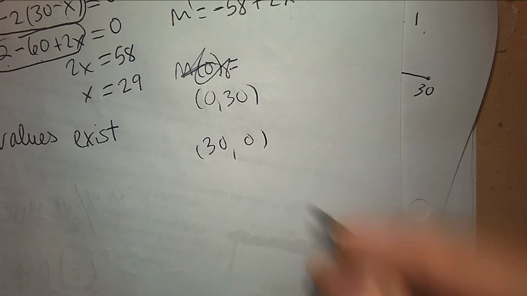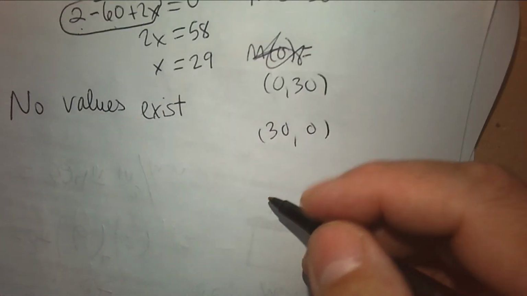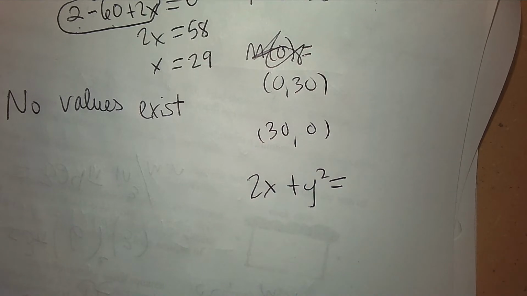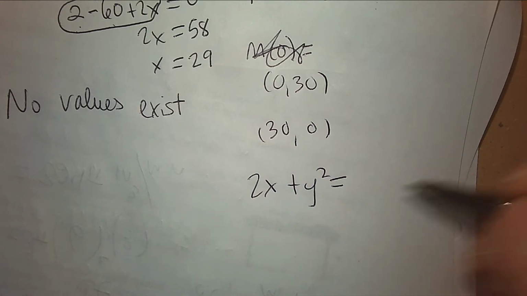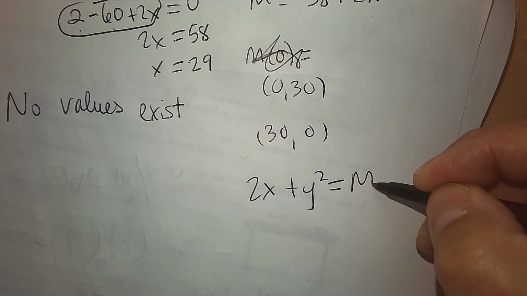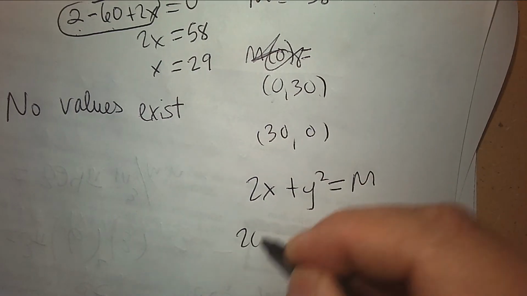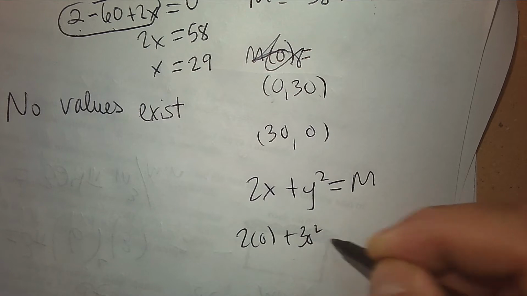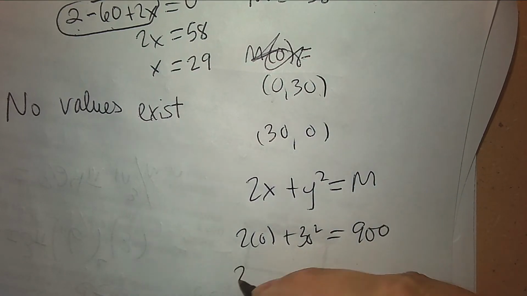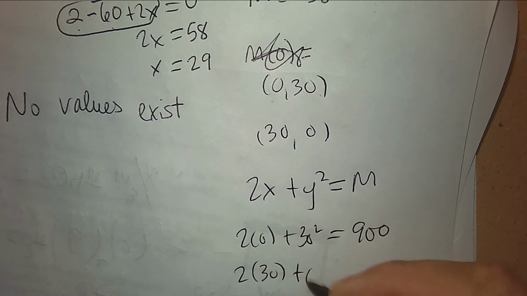So remember, what was the equation again? It was 2x plus y squared. Which one do you think will give you a bigger number? The 0, 30? And what answer do you get? And if I went the other way, what answer would you get?